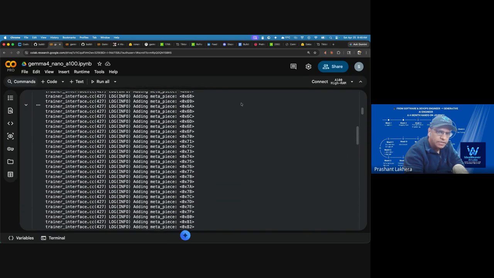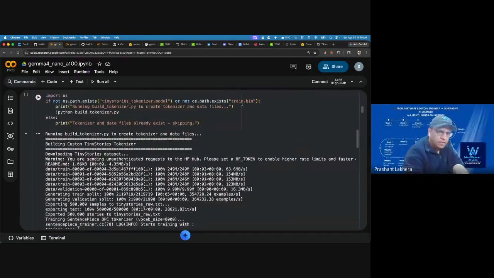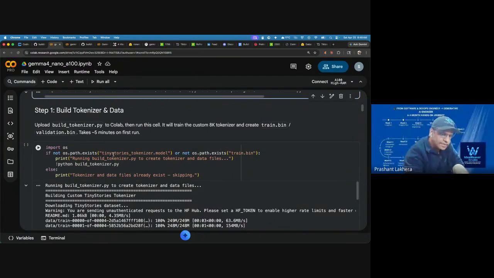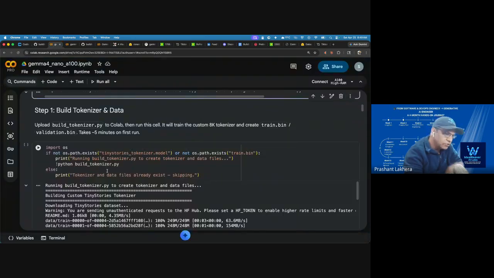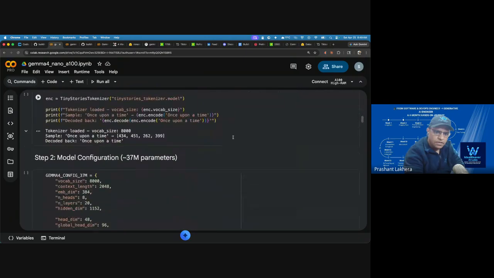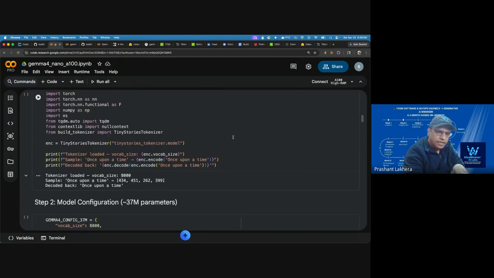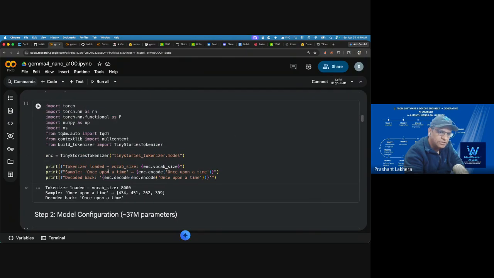Either you can use the GPT-2 tokenizer, or you can utilize this script, which is part of this GitHub repo. It's going to create four files: one is a human readable file, one which you can use in the script, and it's going to create train.bin and validation.bin. That's it. Then I'm just printing the vocab size and taking one sample. That's it.